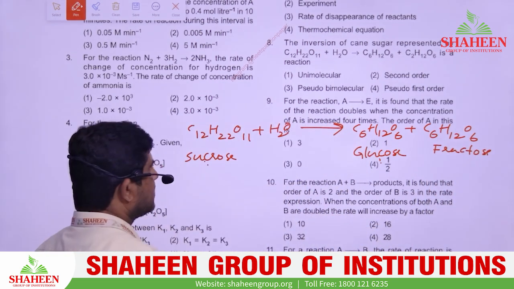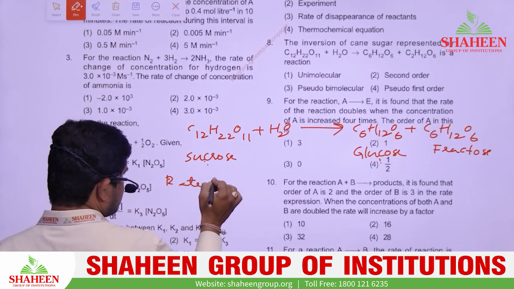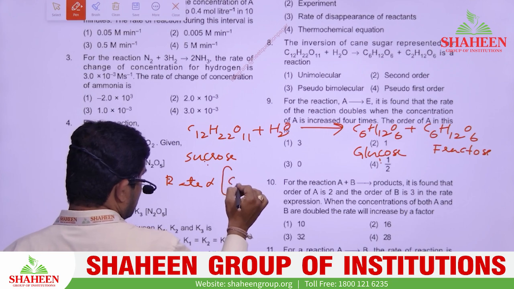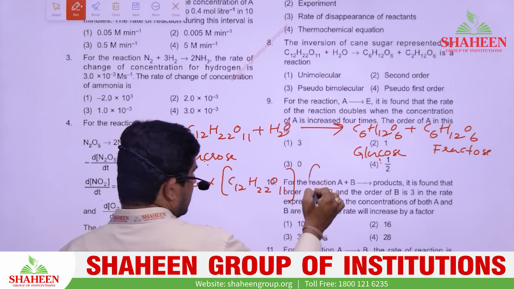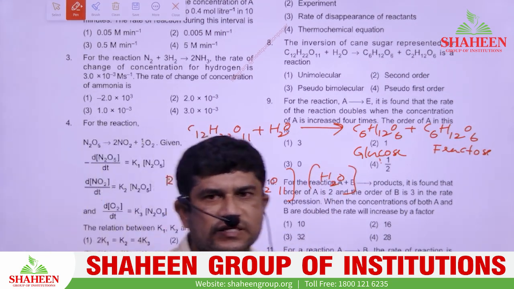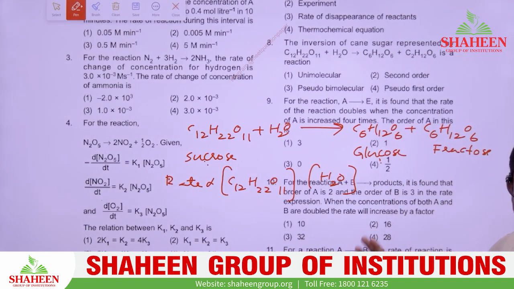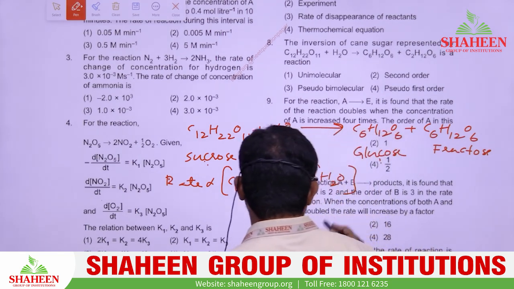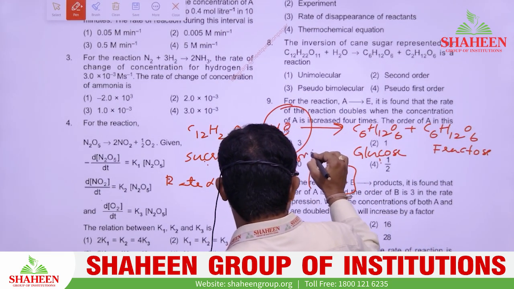In this reaction we can write rate is directly proportional to the concentration of C12H22O11 and the concentration of H2O. But this is the inversion of cane sugar reaction, so throughout the completion of the reaction, the concentration of water remains constant.